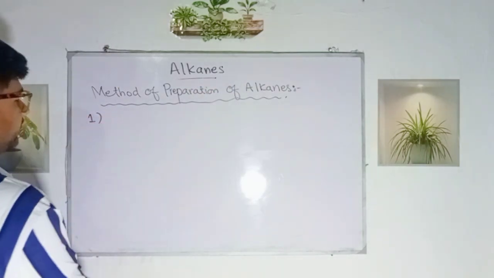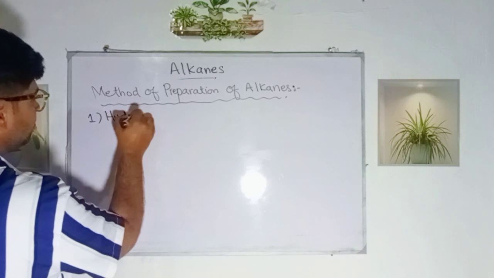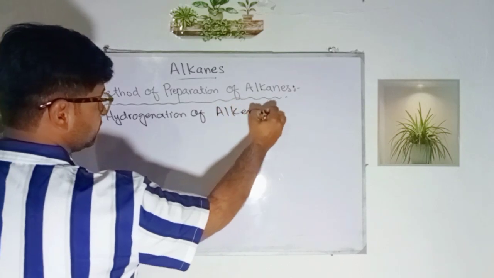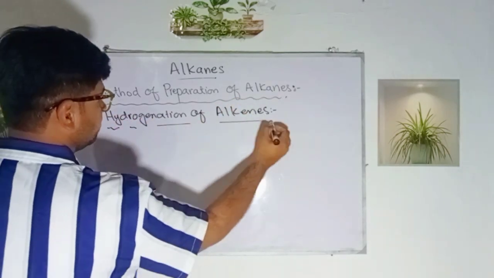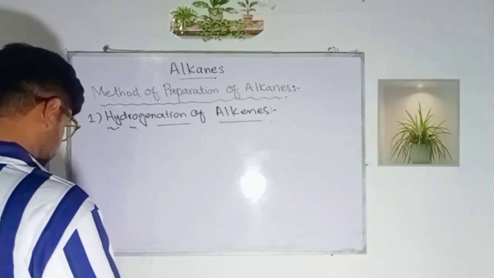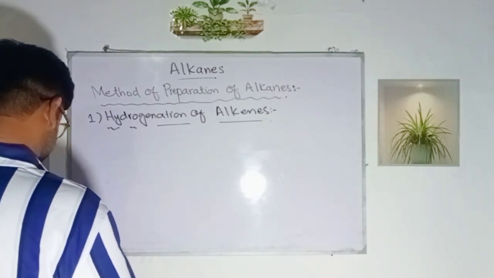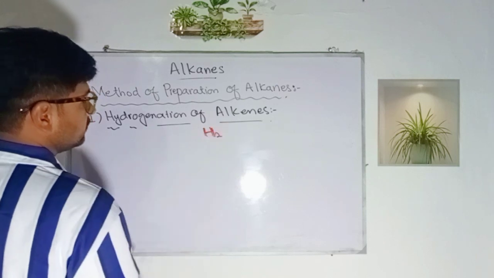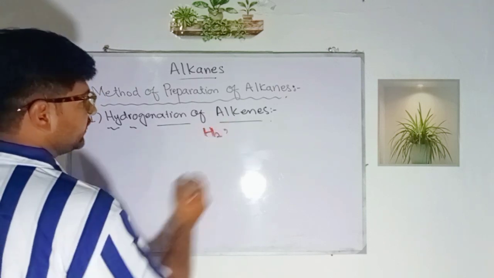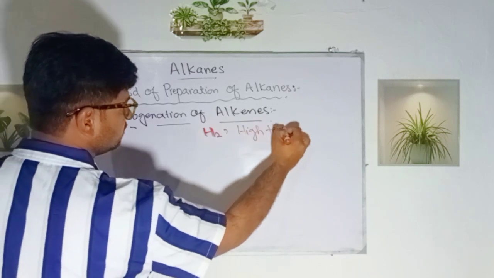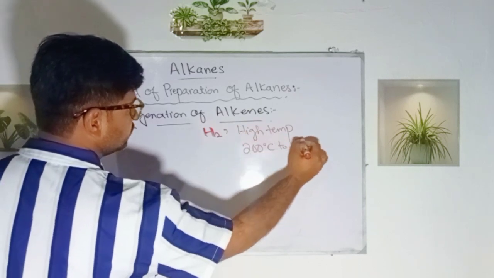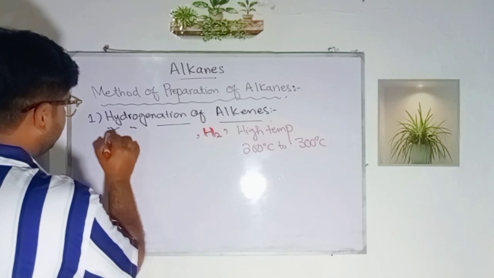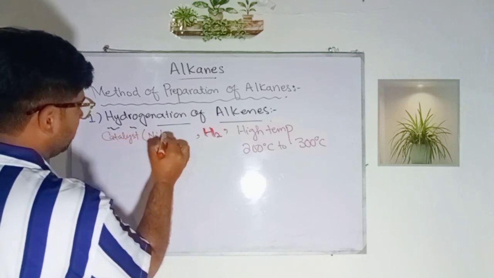The first method for the preparation of alkane is hydrogenation of alkenes, and this hydrogenation of alkenes takes place in the presence of hydrogen molecule, and the hydrogenation needs high temperature, almost 200 degrees Celsius to 300 degrees Celsius, and it also requires catalysts such as nickel, platinum or palladium.